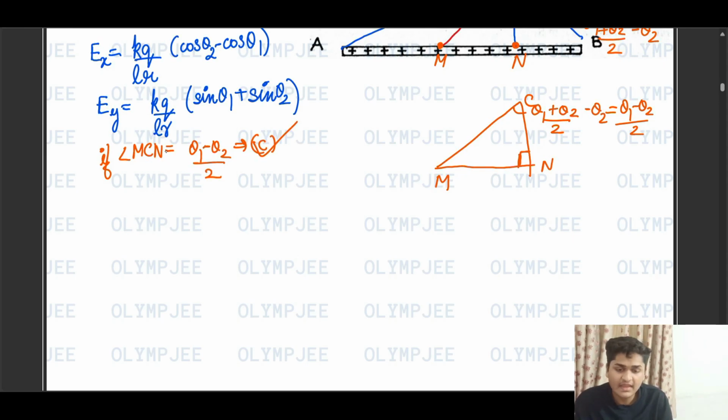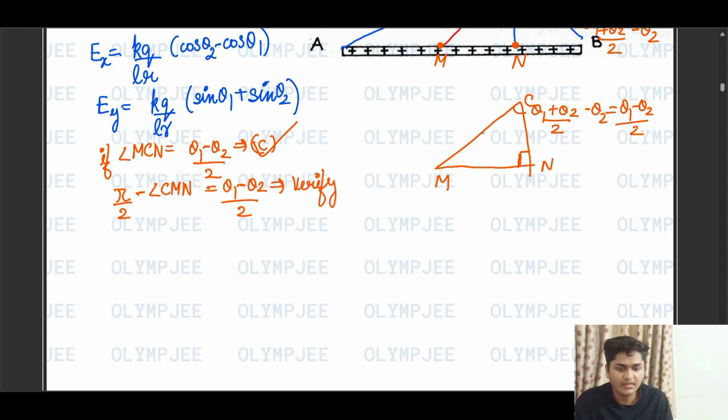So angle MCN can be written as pi by 2 minus angle CMN, because the sum is 180 degrees and this is 90 degrees, and it is equal to theta 1 minus theta 2. This we have to verify.